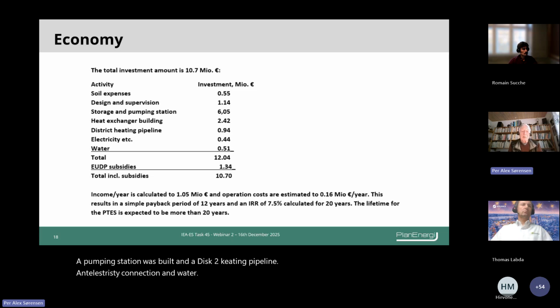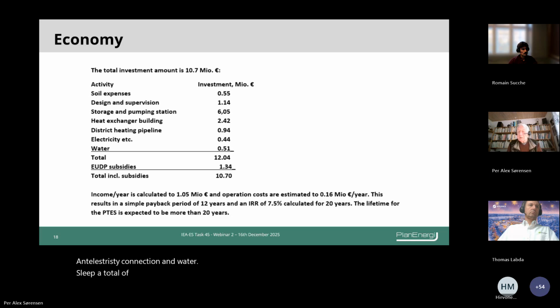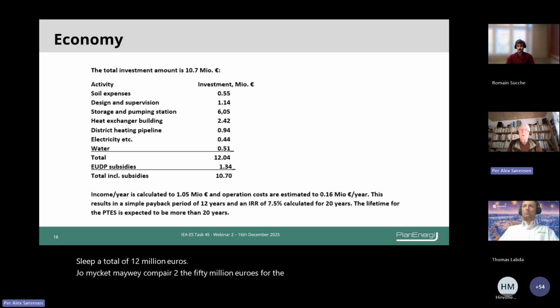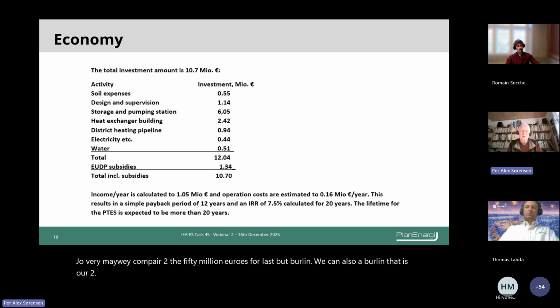So in total 12 million euros, and you might maybe compare to the 50 million euros for the system in Berlin, because in Berlin there was 2,750 megawatt hours. Here we have 3,300 megawatt hours.